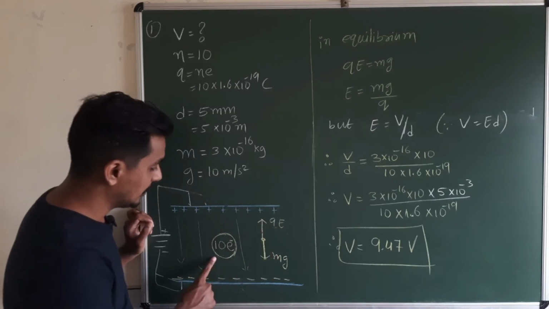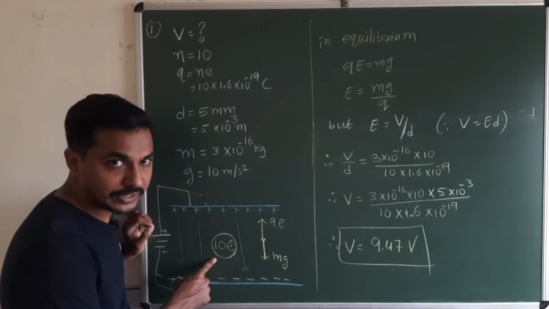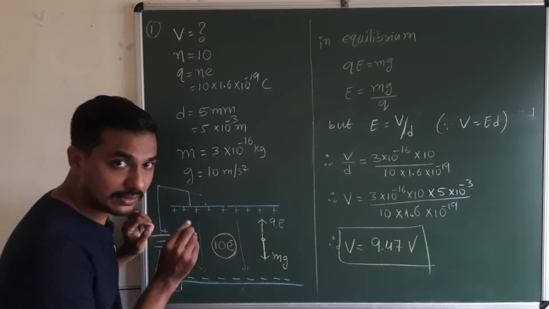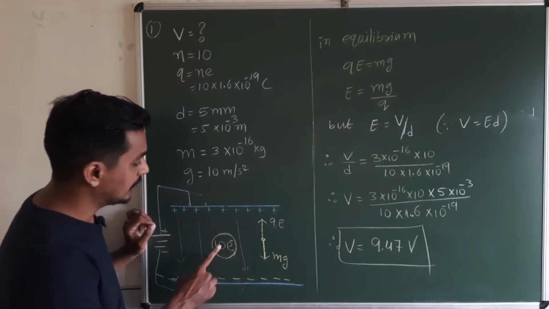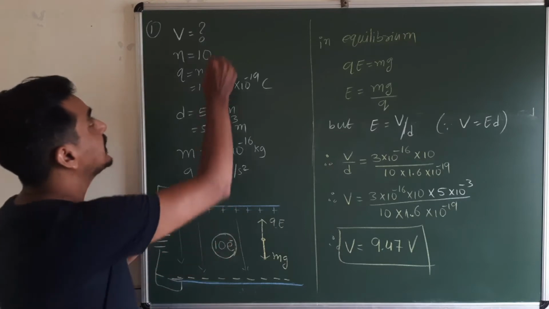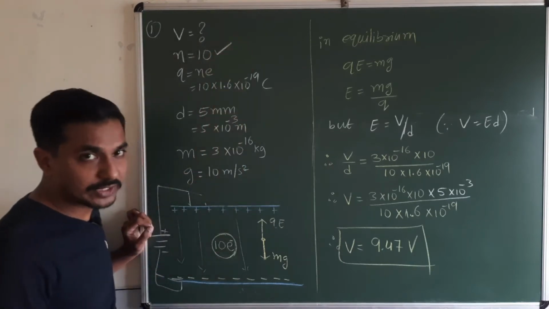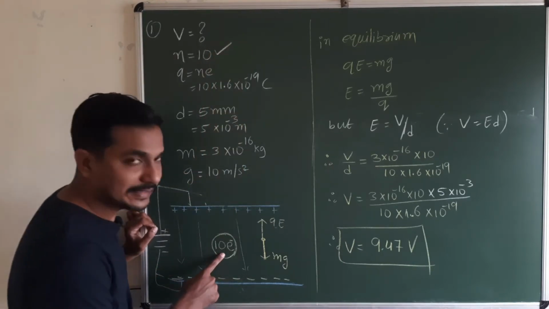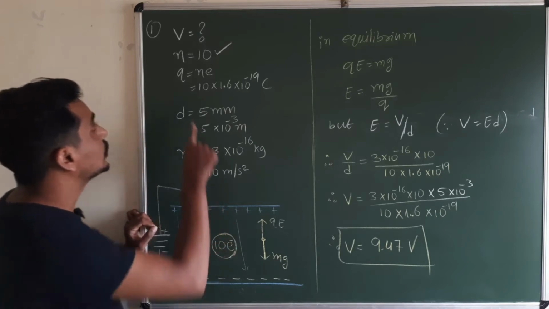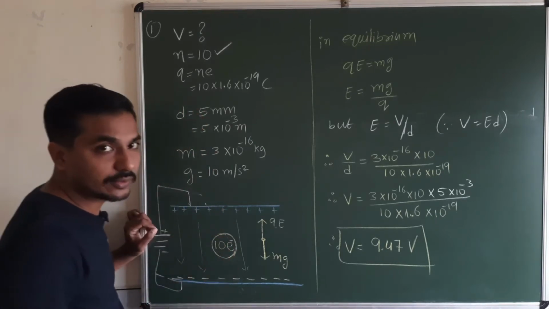So here we are placing an oil drop, and that oil drop carries 10 electrons. The number of electrons carried by the oil drop is 10. So Q is equal to, what is the total charge on the oil drop?